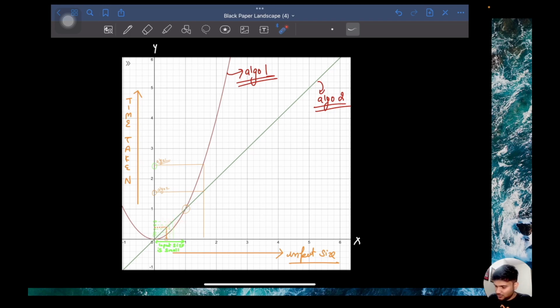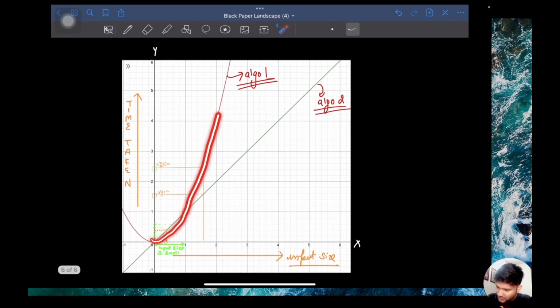Our judgment criteria should be how the algorithm is performing when the input becomes very huge. Because if you see, this curve of algorithm 1 is, after a very long period of time, going to go parallel to the y-axis, right?